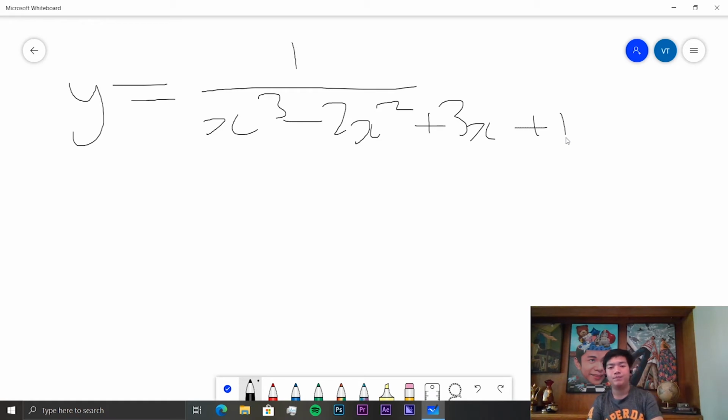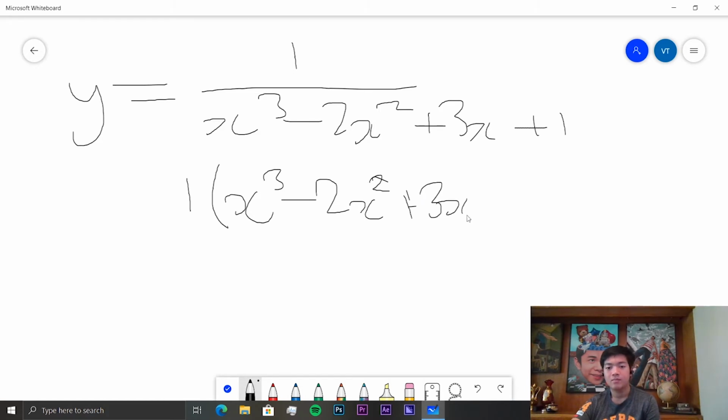Yeah, this one is going to be a bit harder. I guess this is equal to 1 times x cubed minus 2x squared plus 3x plus 1 to the minus 1, and then simply chain rule it.